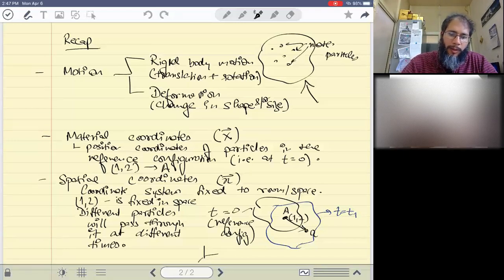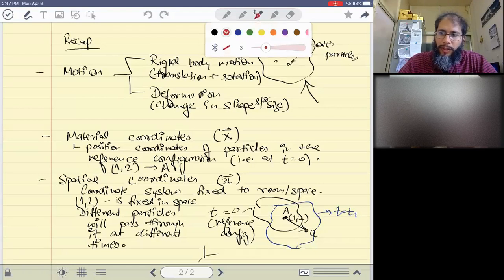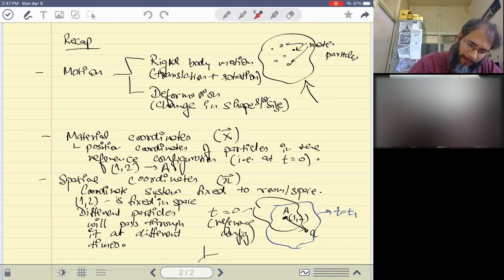It's also very common to think of material coordinates as a coordinate axis which is attached to particles.